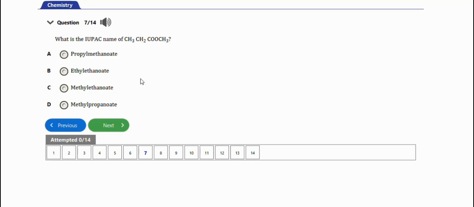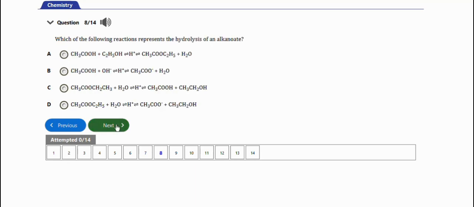Alright, the next question says, which of the following reactions represents the hydrolysis of an alkanoate? The one that represents the hydrolysis of an alkanoate is the one that involves water. So it won't be option A, because dealing with hydrolysis, water has to be involved.